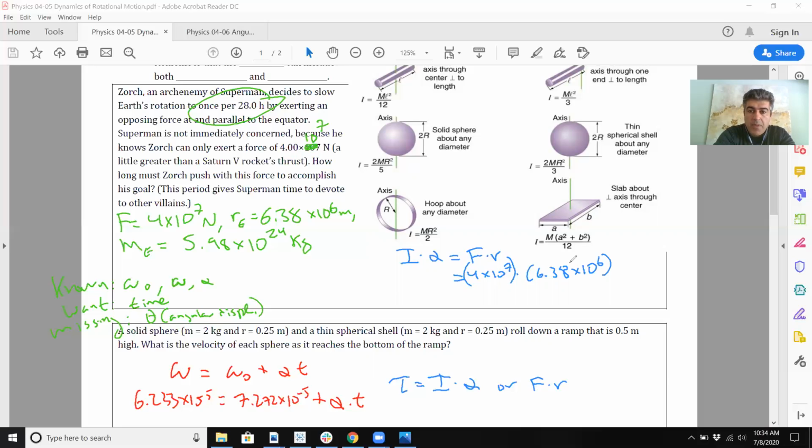Now, we're dealing with a sphere, and it's a solid sphere, the Earth is not thin. So we're going to be using this moment of inertia right there: two-fifths times the mass of the Earth, which I know is going to be, and then r squared.